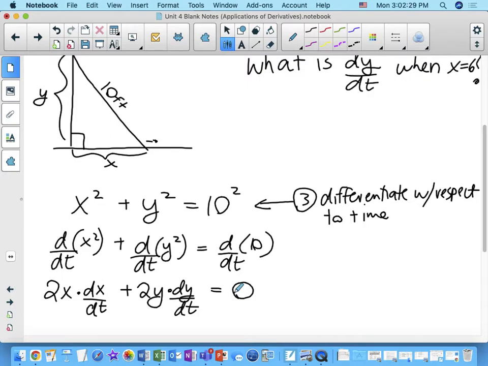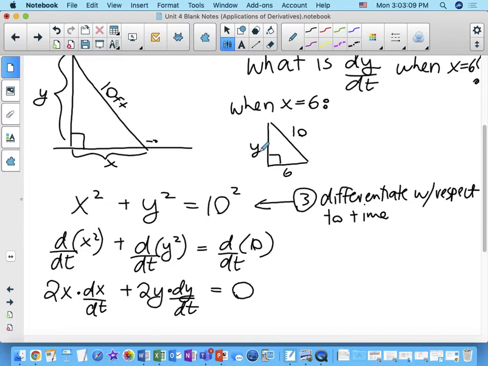Okay. Now, when x is 6, the picture looks like this. Do we have enough information to figure out y when x is 6?